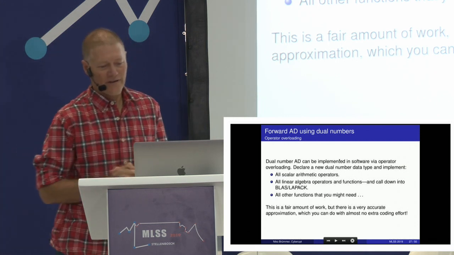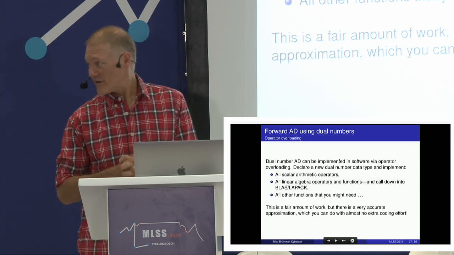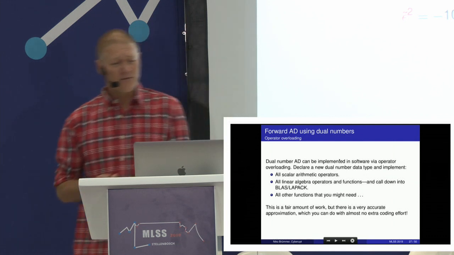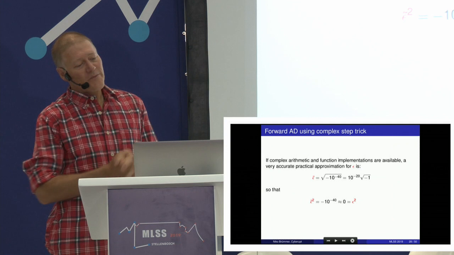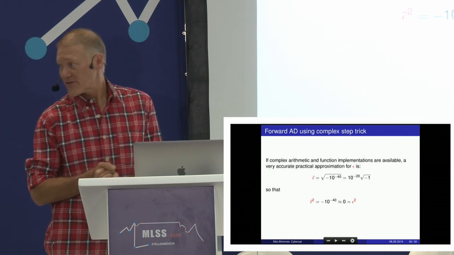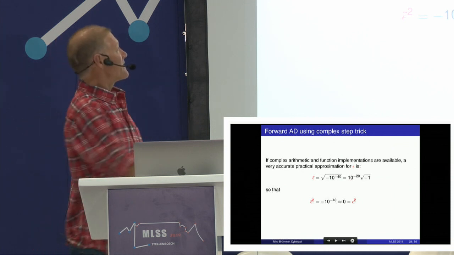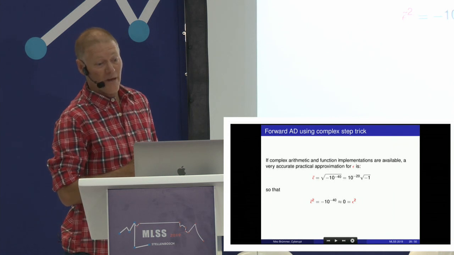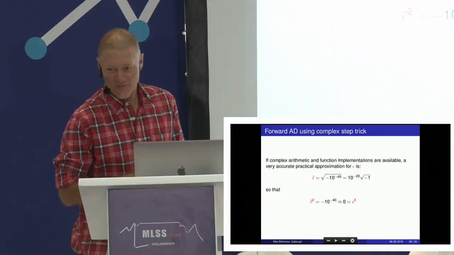But there's a very accurate approximation which you can do with almost no coding effort. You can't always do it, but let me explain. We're approximating this infinitesimal epsilon with an imaginary number. So 10 to the minus 20 times i. So epsilon has to be really small.